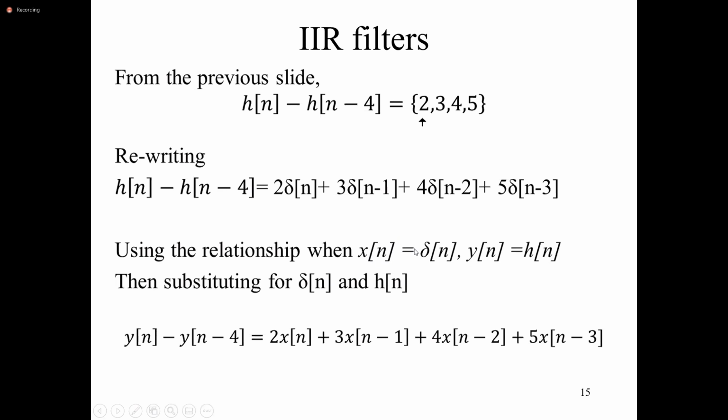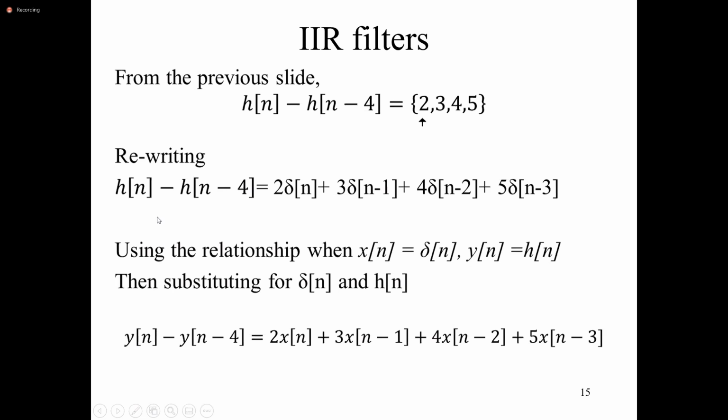What we're saying, and what is acceptable in DSP, is that when you substitute delta n for x of n, you substitute y of n for h of n. So substituting into this equation, for h of n you substitute y of n.